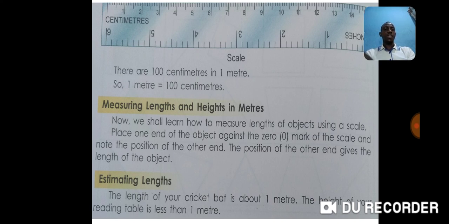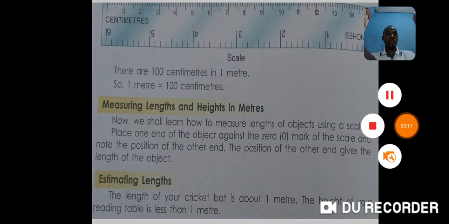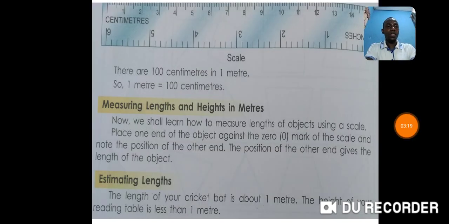The position of the other end gives the length of the object. Estimating length. The length of your cricket bat is about 1 meter. The height of your reading table is less than 1 meter.